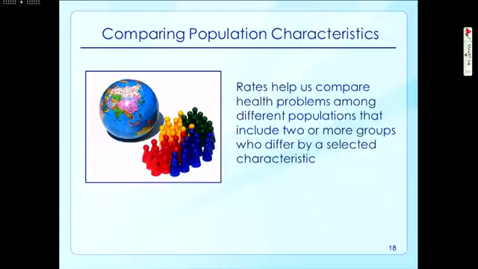Rates help us compare problems among different populations that include two or more groups who differ by a selected characteristic or characteristics. For example, we might compare persons who ate a certain meal at a certain restaurant at a certain time with people who did not eat that meal at that restaurant at that same time and look for cases of foodborne illness.